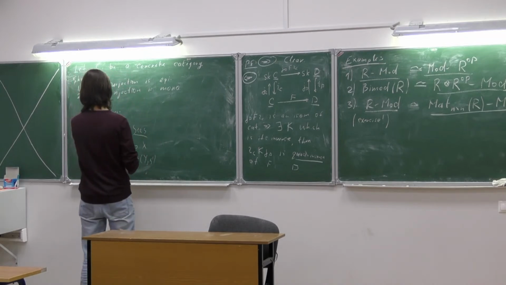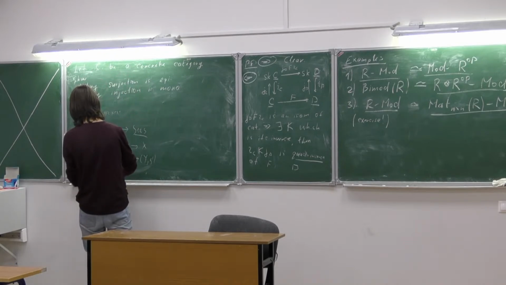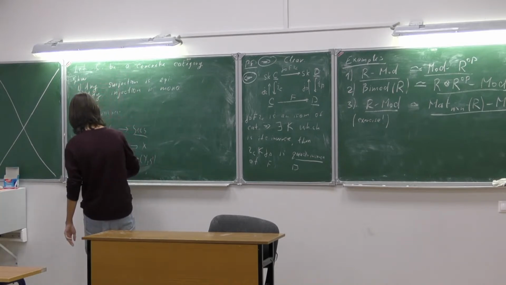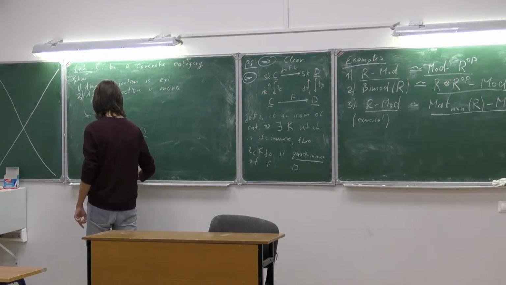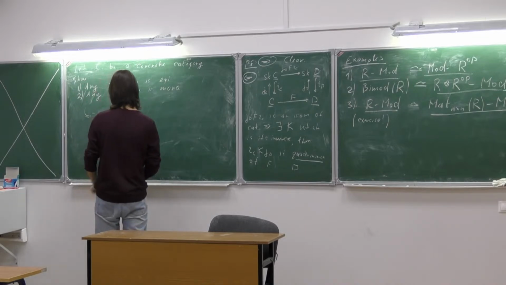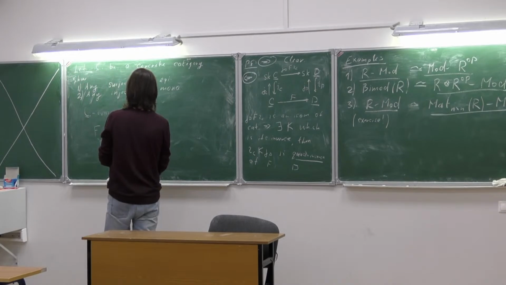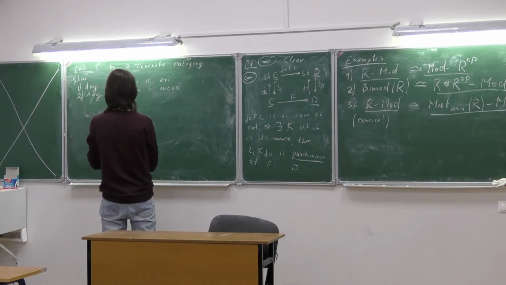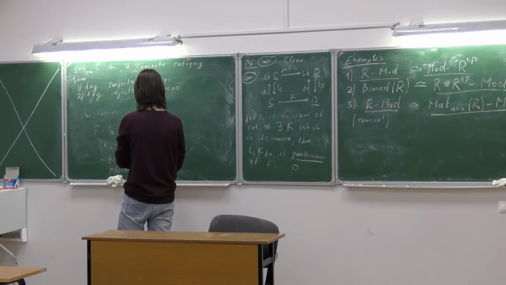We send a morphism just to the map. So why it is faithful, we need just to check that on morphisms it is injective. Like distinct morphisms go to distinct images of morphisms.